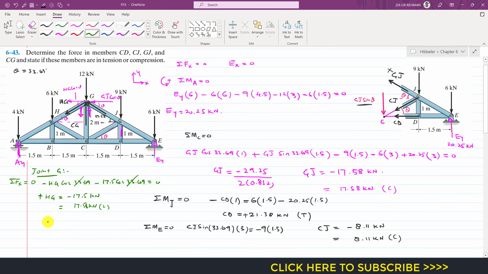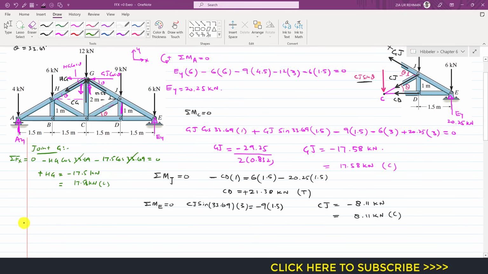Now to find that Cg, if we apply the summation of forces along the y-axis equals to 0 at point G. As we can see, this Cg is acting in the positive y, so I will write Cg plus, and this is Hg sine of theta acting in the negative y direction, so I will write minus Hg sine of theta. This is the sine component, right? So this is 33.69, and for this assumed direction the Hg value is minus 17.58.